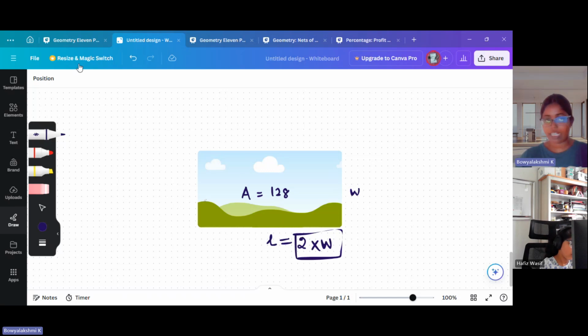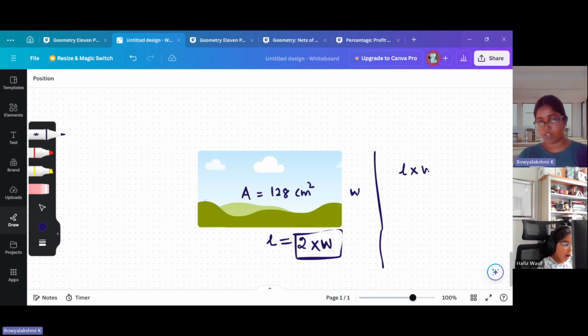So you can replace your length as 2 times width. And the perimeter of a rectangle is so simple now. If you find the width, then you can find it with width and length. Okay, then area is given, right? How can I use this? How will you find the area of a rectangle? Length times width is your area, 128.